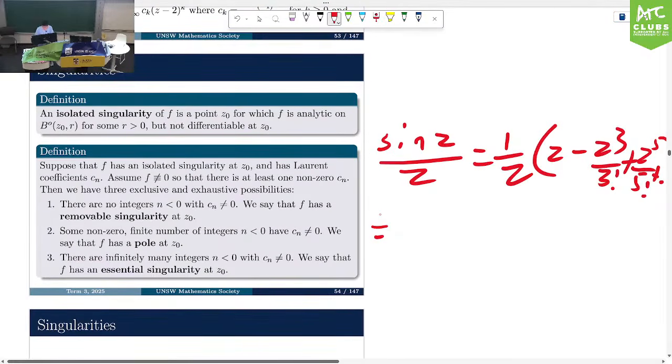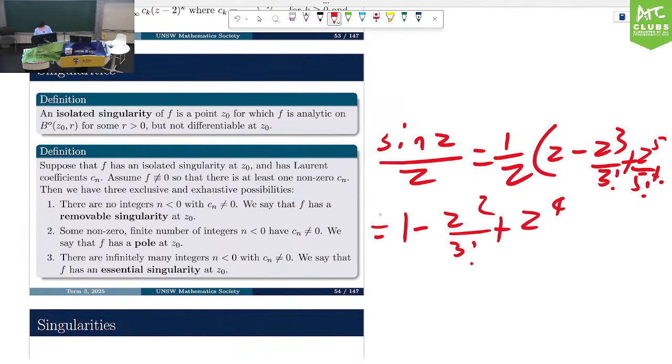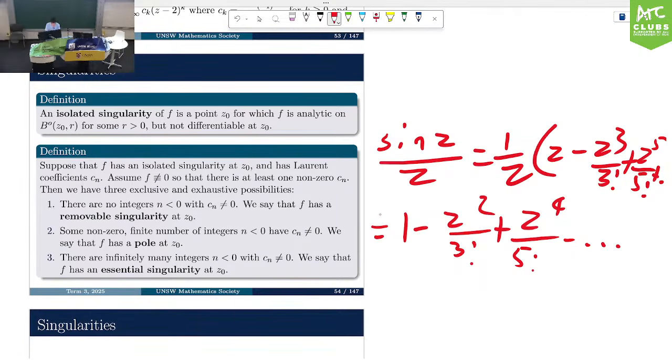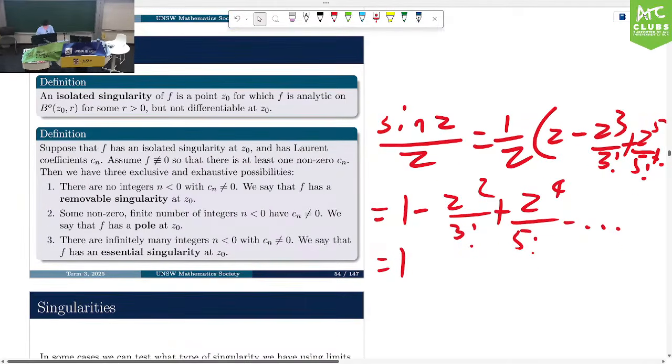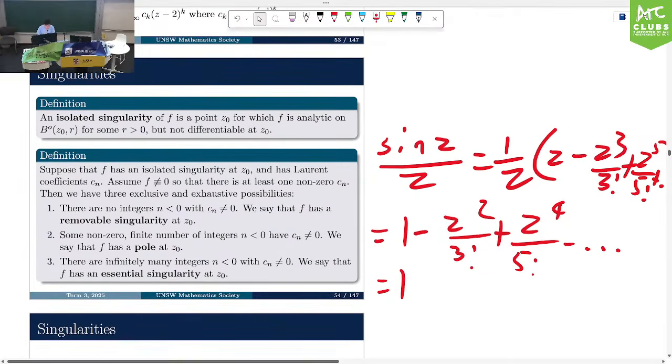When we expand this out, we'll see something like 1 minus z squared over 3 factorial plus z to the 4 over 5 factorial minus dot dot dot, and you'll see that none of these terms have a negative power. So when we sub in our number, in this case z is 0, we're basically clean. It'd be 1 minus a bunch of zeros. So the limit is basically defined. That's essentially a removable singularity.